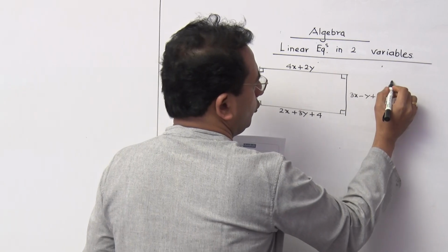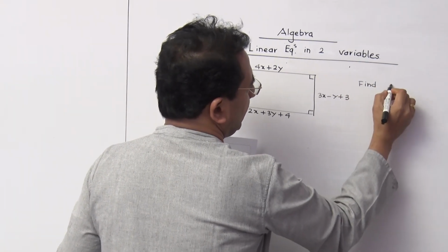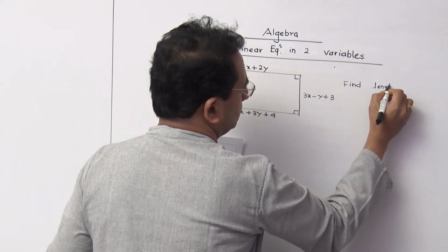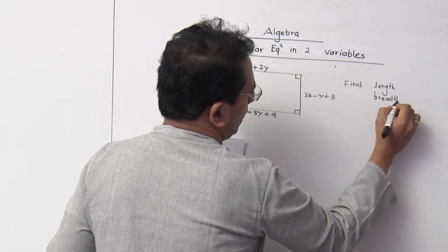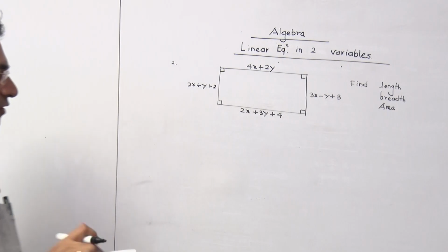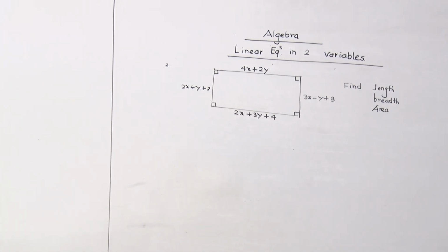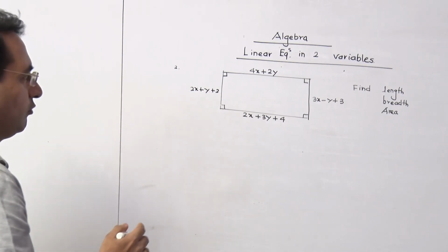The question asks you to find the length of the rectangle, find the breadth of the rectangle, and then find its area. The question is definitely asked for 4 marks only. You are going to have this type of question in the textbook also.